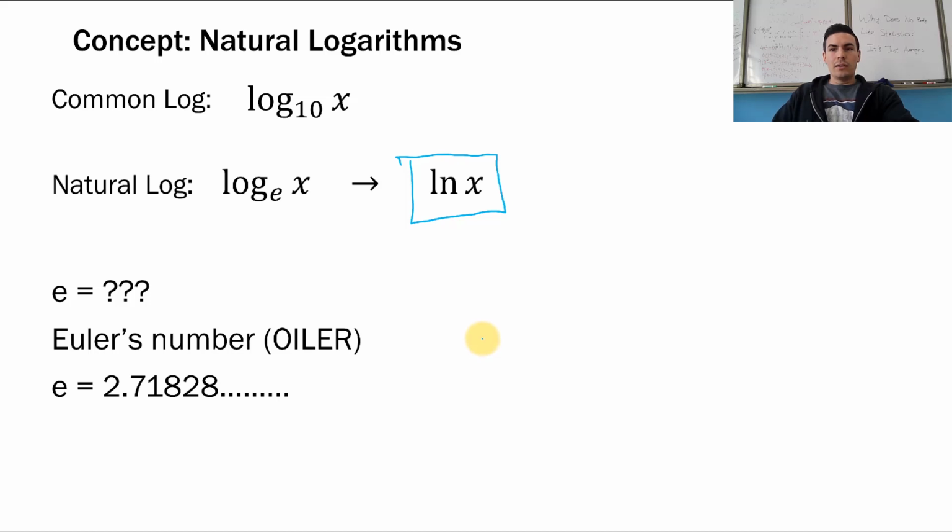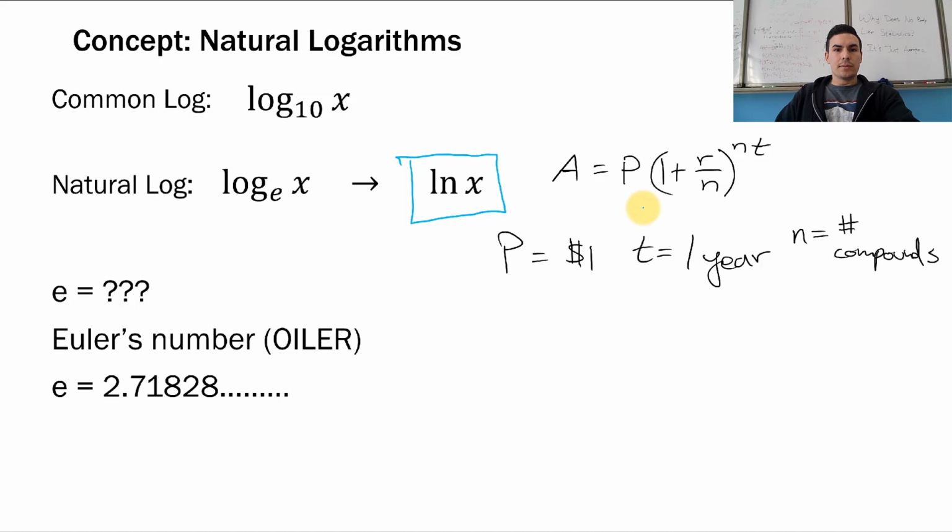And how we get Euler's number comes from the concept of compound interest that we saw in a previous video. To derive Euler's number, let's say we invested $1. So our P is 1, our time is 1 year, and N is our number of compounds in that year.